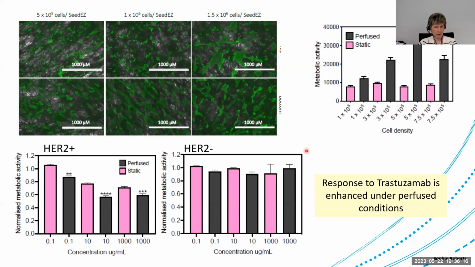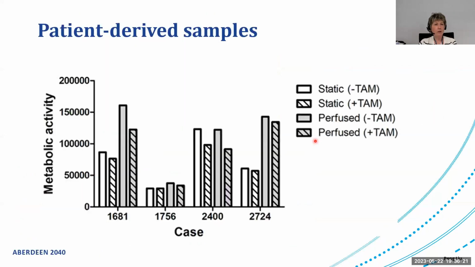of drugs. And while the slide that I'm showing at the moment was using cell lines, we have also gone on to use this more recently in patient-derived samples. So these are 4 cases of breast cancer. They're all ER-positive breast cancer. And we applied these to the Perfusion PAL platform and treated them with tamoxifen, either under static or under perfused conditions.